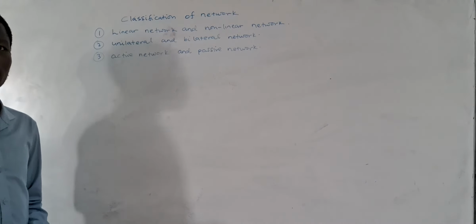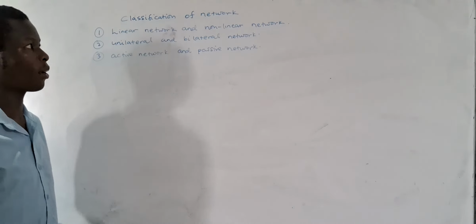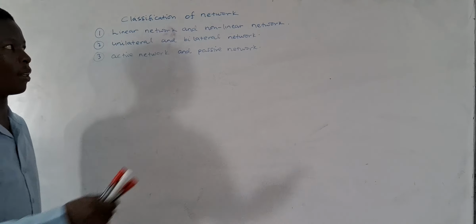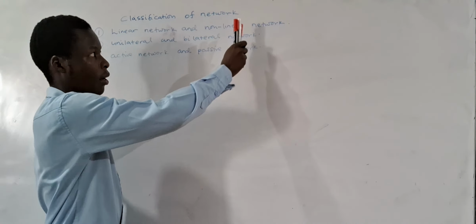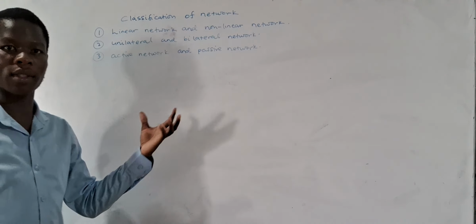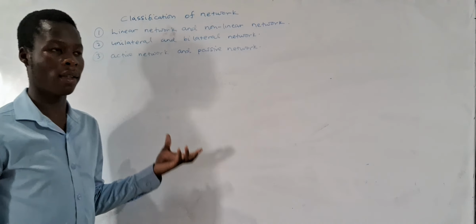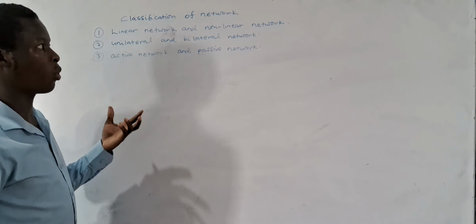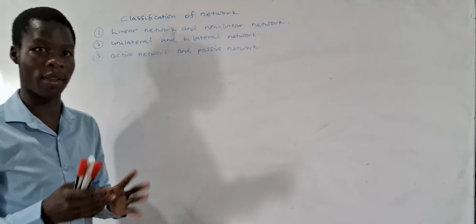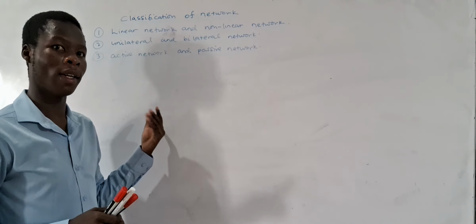Okay, boys and girls, in the previous class, I clarified the difference between a network and a circuit. So we have what we call classification of networks. This is very important. In future classes, we are going to look at the theories in circuit analysis.